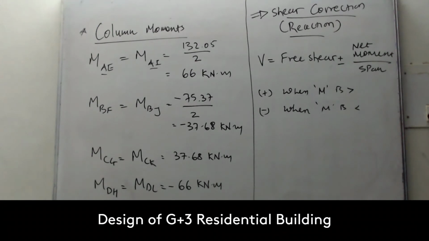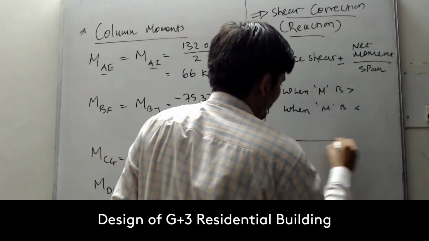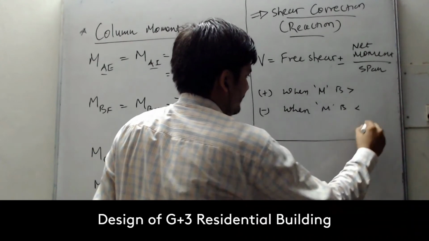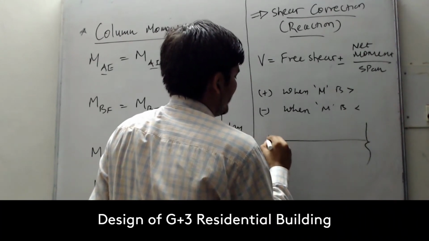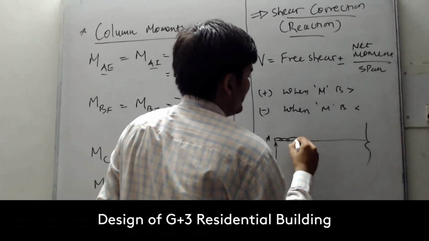So let us solve by one practical example. If I draw a section of AB, suppose this is point A and there is some point B. There is a UDL acting over here.